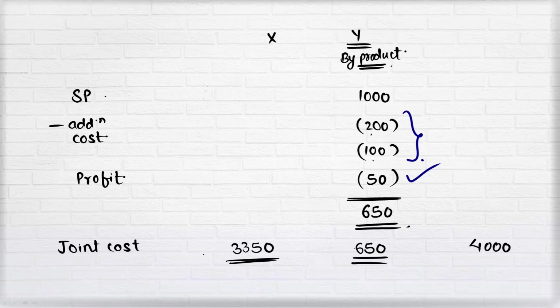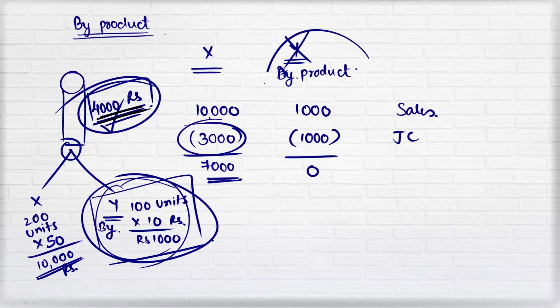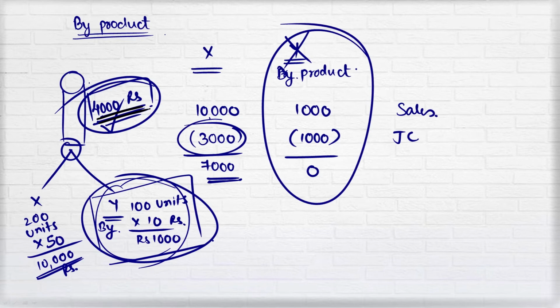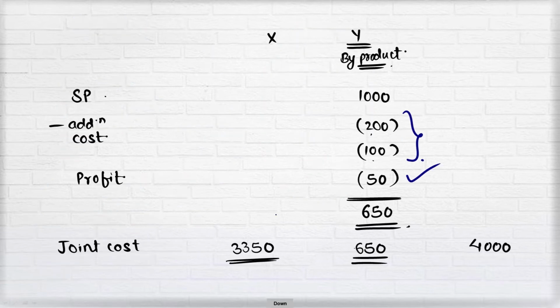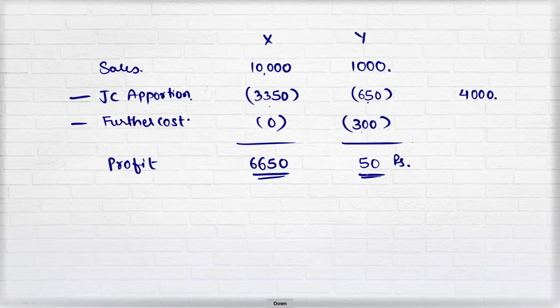Normally what we do to byproduct, see the previous question, we make it 0. But sometimes byproduct will speak and say that I am not useless. Give me some profit also. Alright. And so they will be having a profit of how much? 50 rupees, and this will be transferred where?